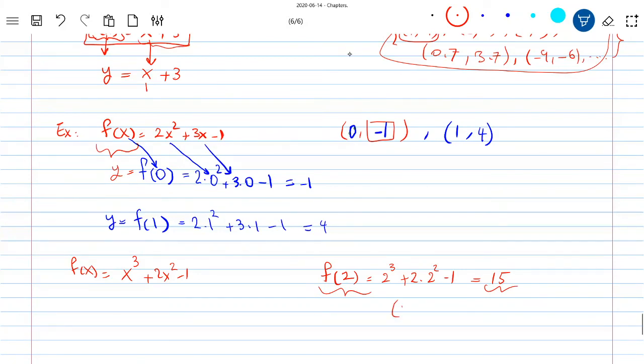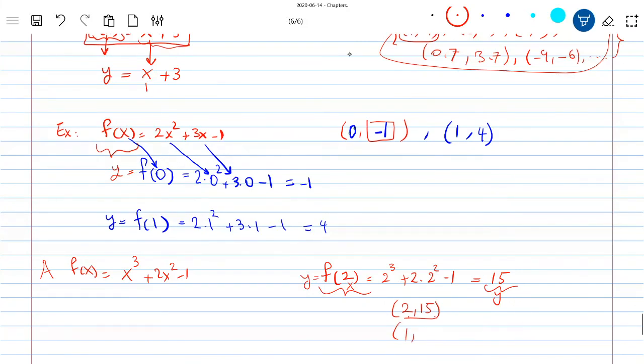That means there is a point with 2 for x. This is the x value, and what you get at the end is the y value. F of 2 basically tells you the y value. So the point 2 and 15, that ordered pair, belongs to the set, whatever this set is. If it's set A, it belongs to the set A.